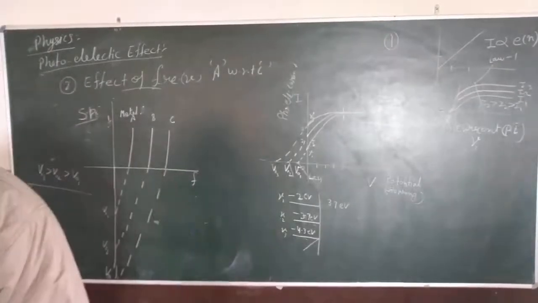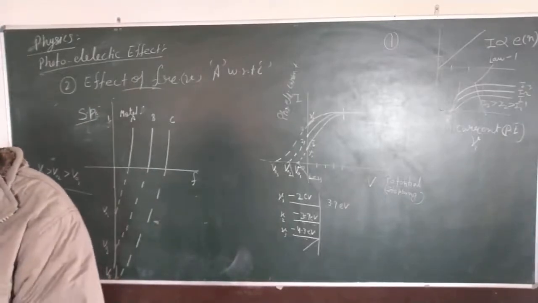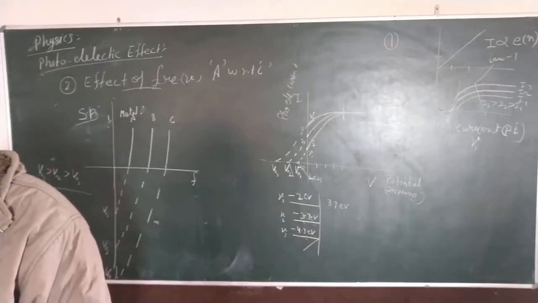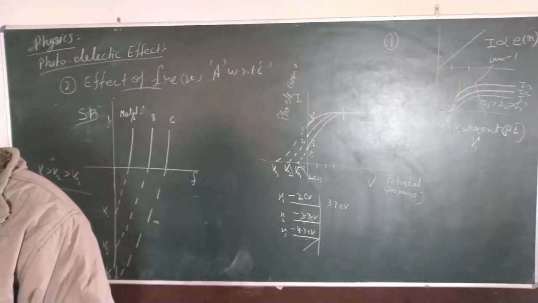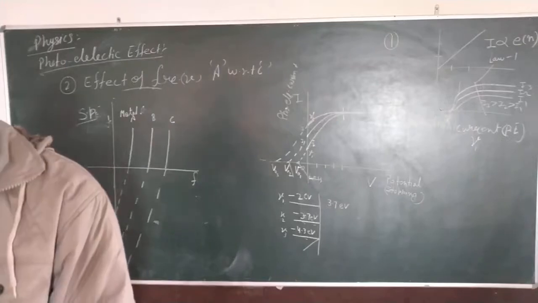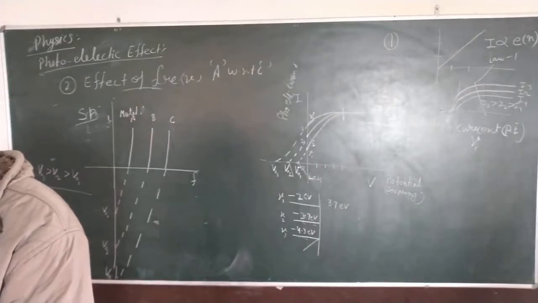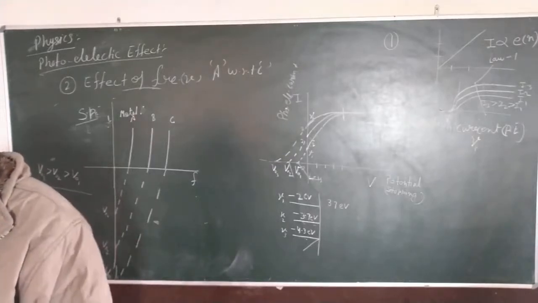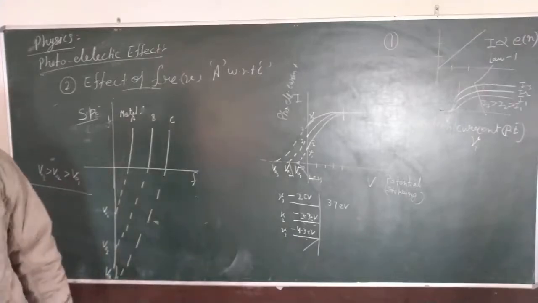First, for a given metal and frequency of incident radiation, the number of photoelectrons ejected per second is directly proportional to the intensity of incident radiation.